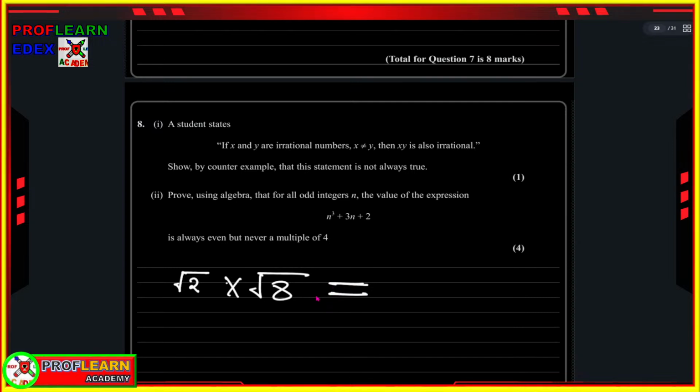It is going to give us 4, because if you multiply 2 times 8, you get 16, and the root of 16 is 4. This answer that we have gotten is not irrational.